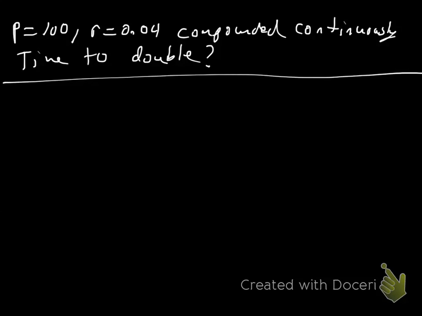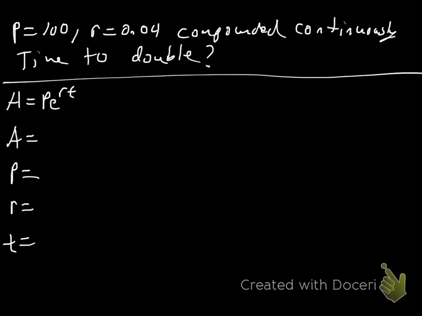We're going to look at one more example here, and let's say we want to know how long it takes for $100 at 4% rate, compounded continuously, to double. So because we're saying this is continuously compounded interest, we're going to use the Pert equation. So A equals P e to the rt, and we need to figure out what the A is, the P is, the r, and the t.